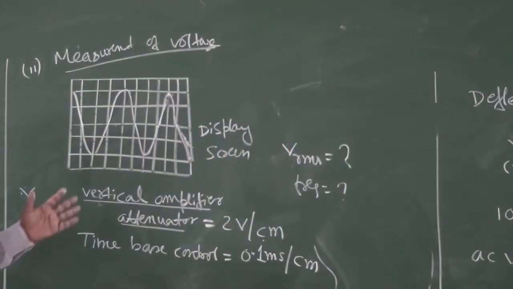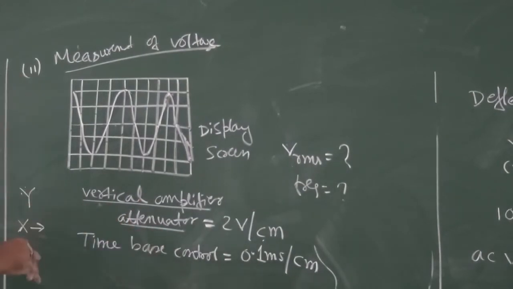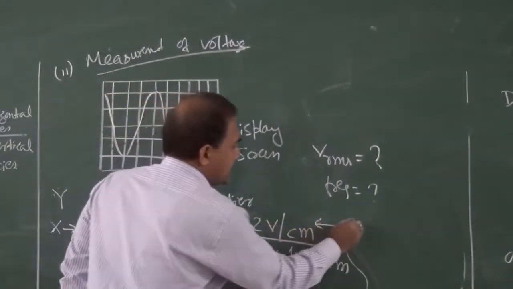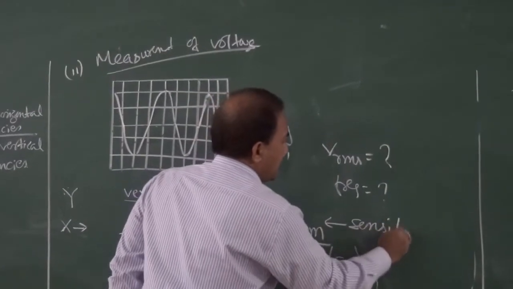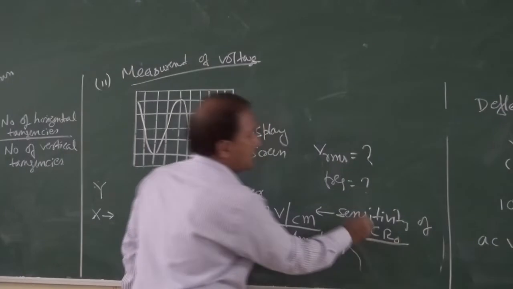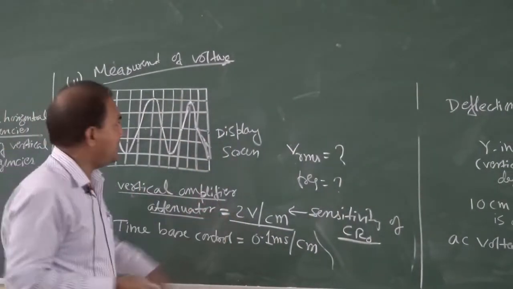So we can measure the voltage and the frequency of the signal by using CRO. How? This is 2 volt per centimeter. This is the sensitivity of the CRO.